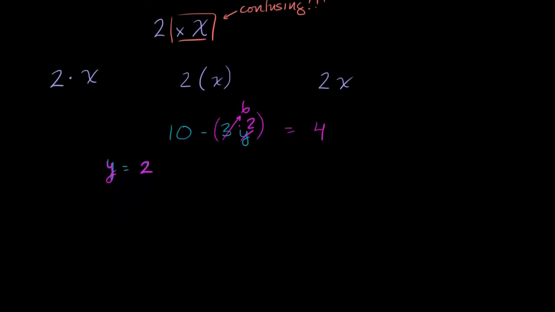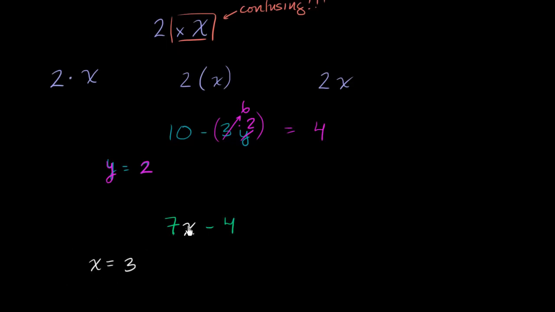Let's do another one. Let's say that we had, I don't know, 7x minus 4. And we want to evaluate that when x is equal to 3.